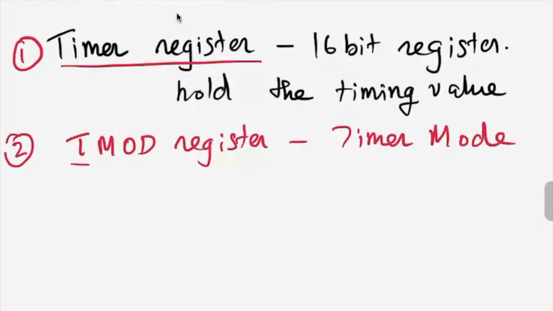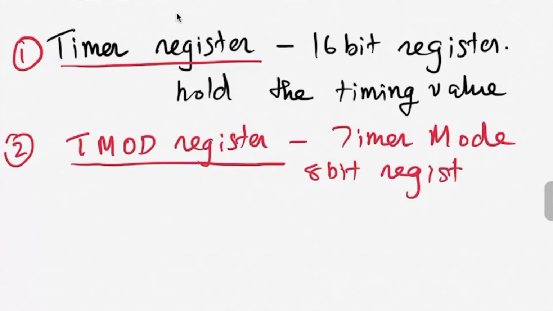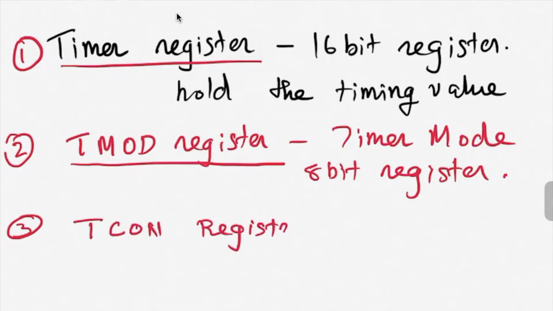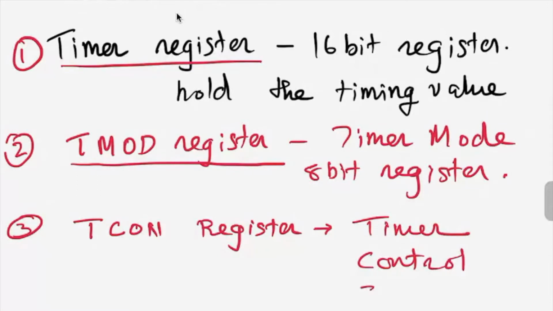Remember, this is also an 8-bit register. Then the third thing is called the TCON register. TCON means timer control. TCON stands for timer control register, and this is also an 8-bit register.